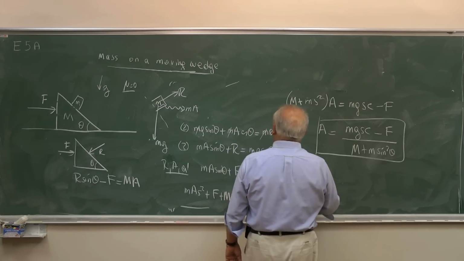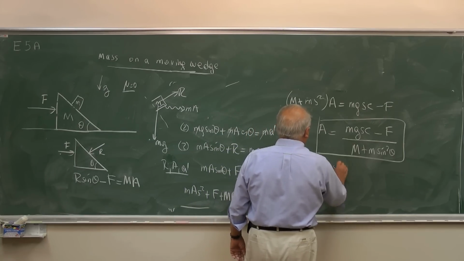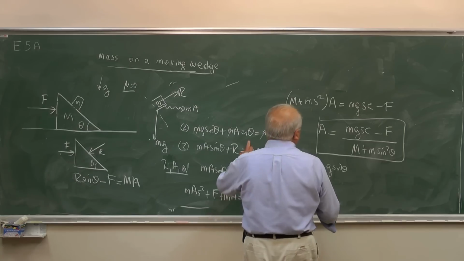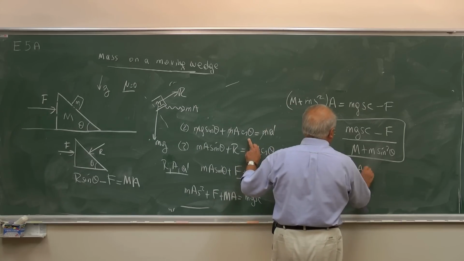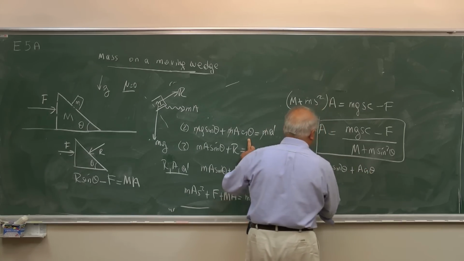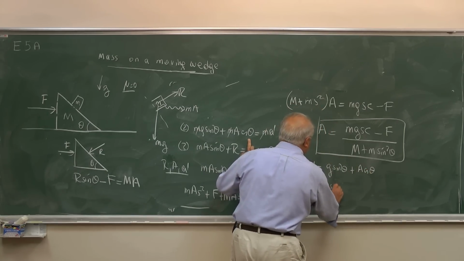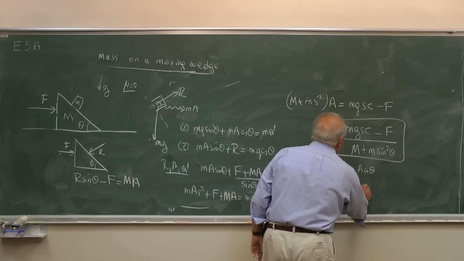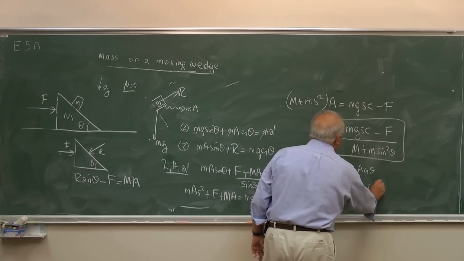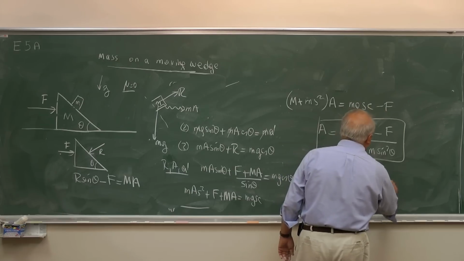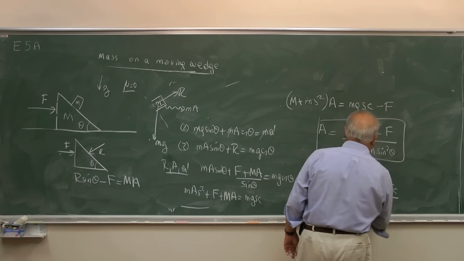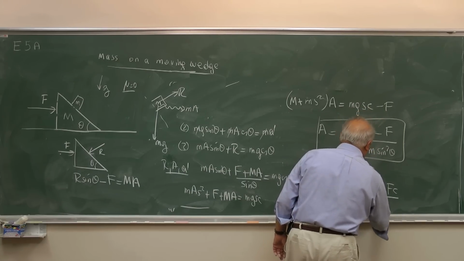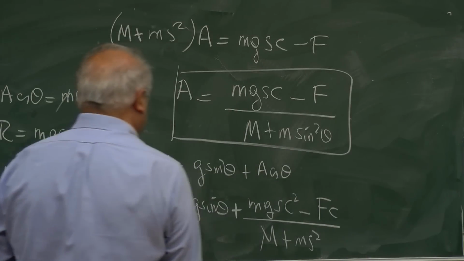A prime is equal to g sine theta plus a cosine theta. That's equal to g sine theta plus mg sc square minus Fc divided by M plus m s square.